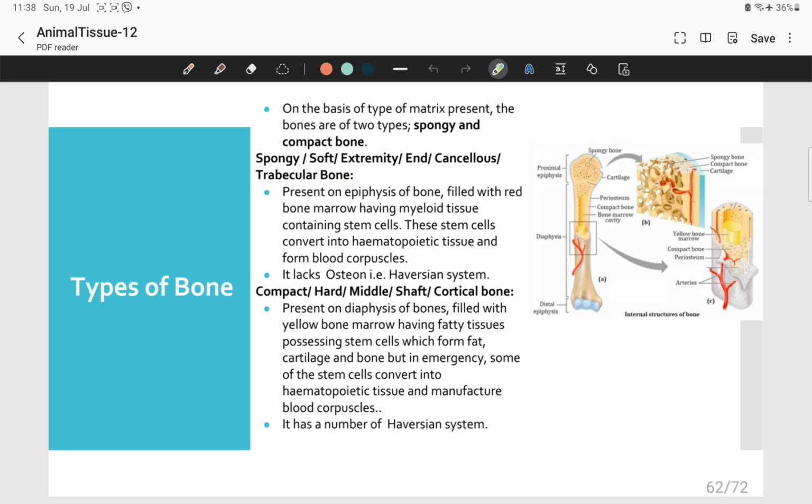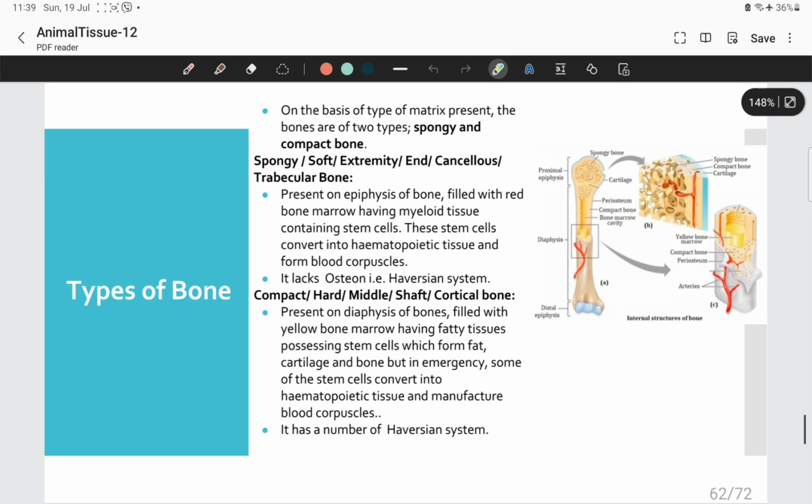Whereas we have the middle area where the bone is hard, called diaphysis, which is the harder one. Such bone is known as compact bone, hard bone, middle bone, or cortical bone. The spongy bone present in the epiphysis of the long bone is filled with red bone marrow only, along with myeloid tissue containing stem cells.